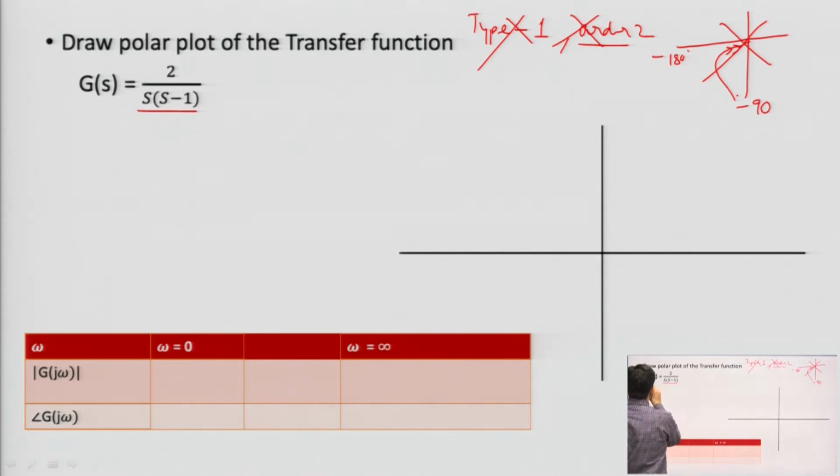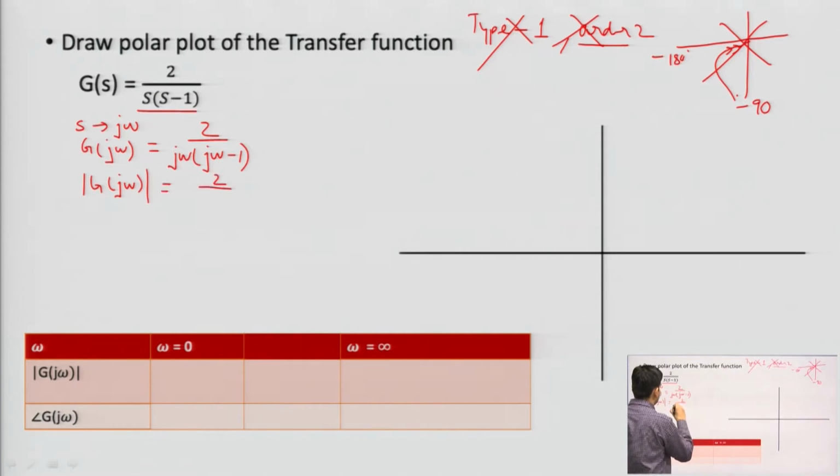Step 1, replace s by j omega to obtain the sinusoidal transfer function. So, G of j omega would be 2 over j omega multiplied by (j omega minus 1). Now, I need to determine its magnitude, mod of G(j omega), which is equal to 2 over omega multiplied by square root of omega square plus 1.